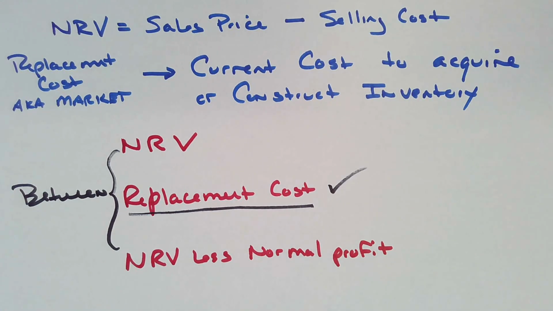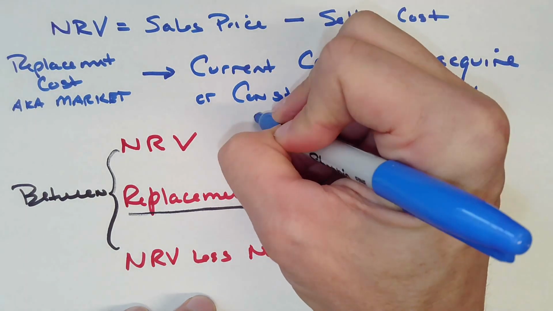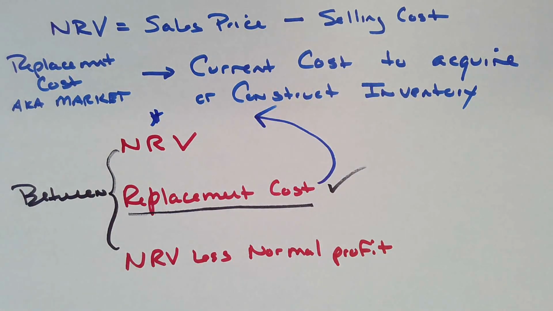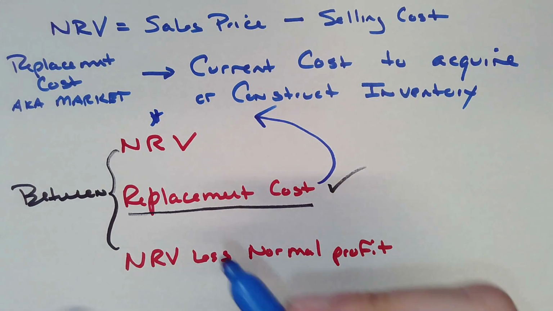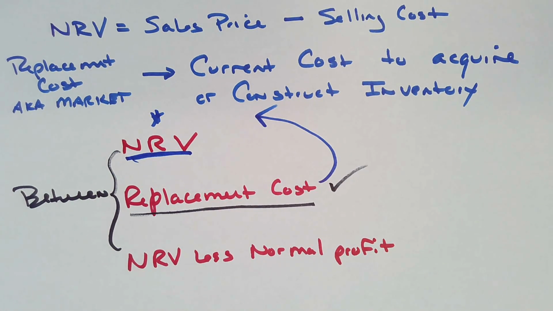But what happens if the replacement cost is higher than the net realizable value? What if it's up here? Do I write it down to replacement cost? No. You write it down to net realizable value.